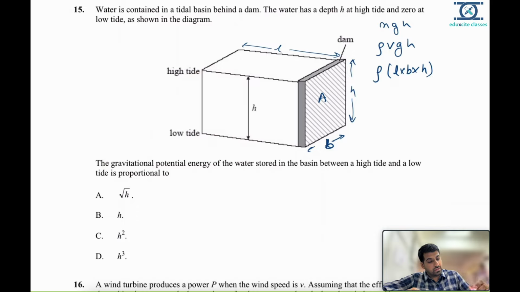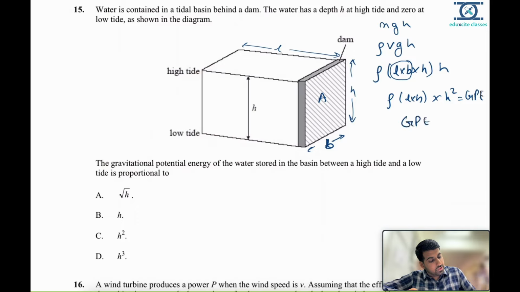Length into breadth is the dam, so this is into h, right? So this is your area of cross section, or you can say this is a constant. So length into breadth is constant, and gravitational potential energy is proportional to h square, which is option C, the right answer.